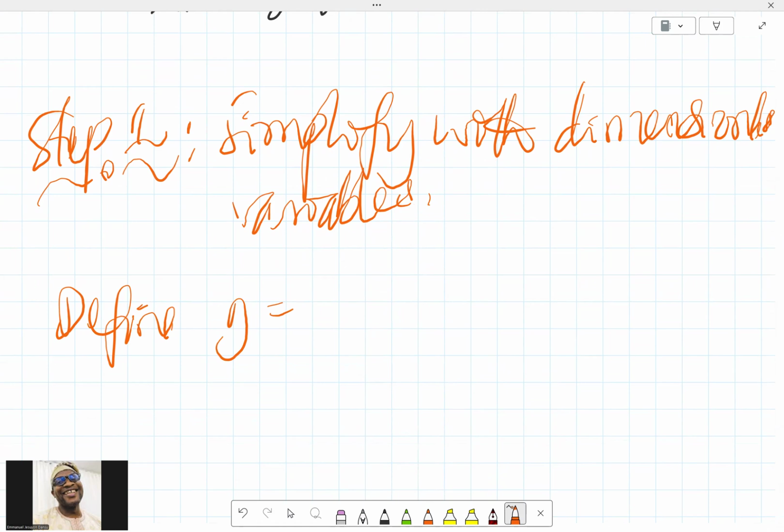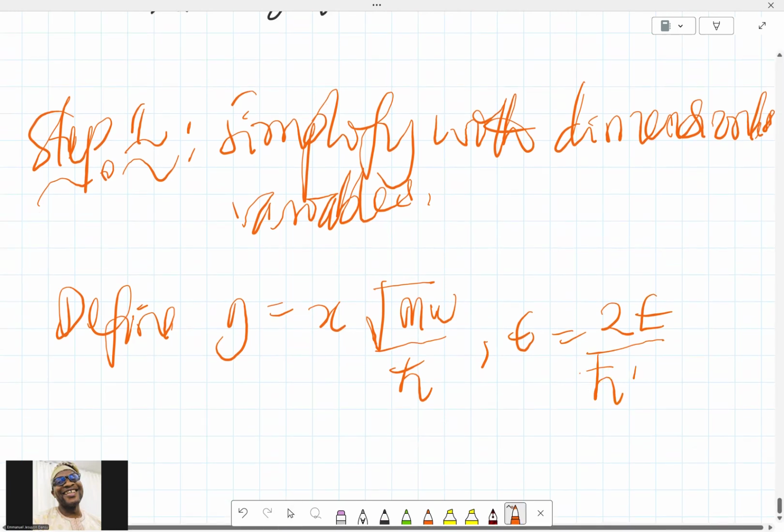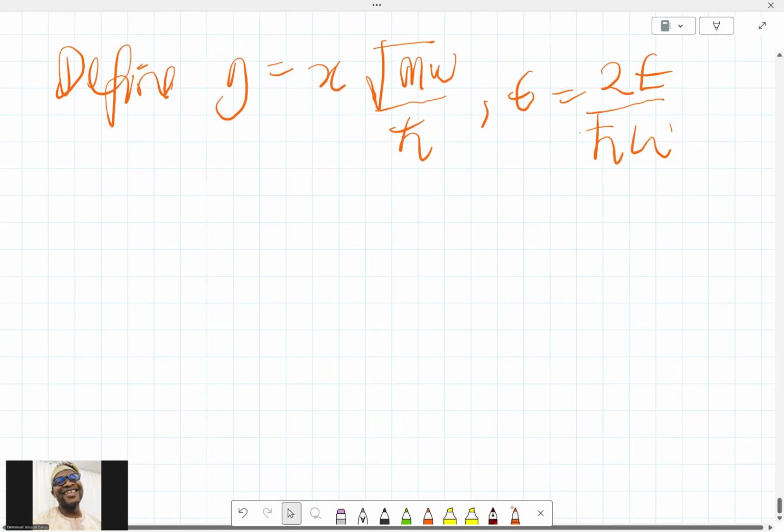So you have eta equal to x times the square root of m omega over h bar, so that epsilon is 2E over h bar omega.